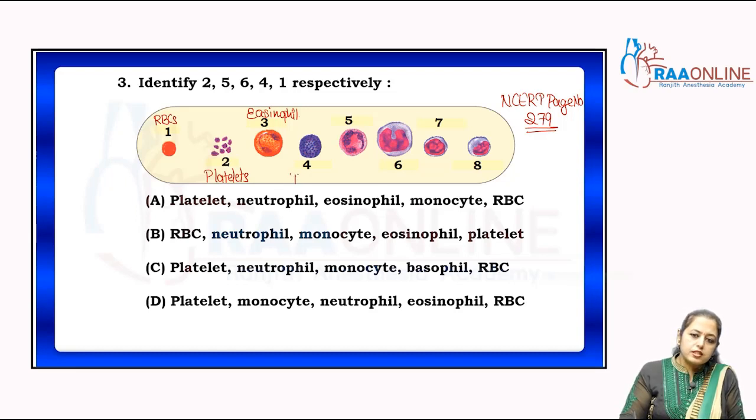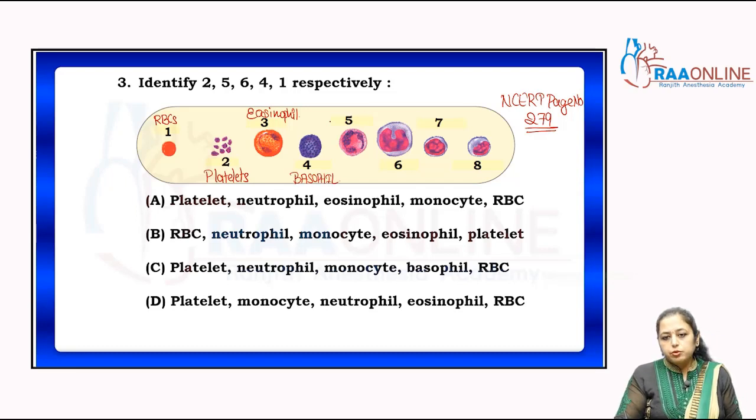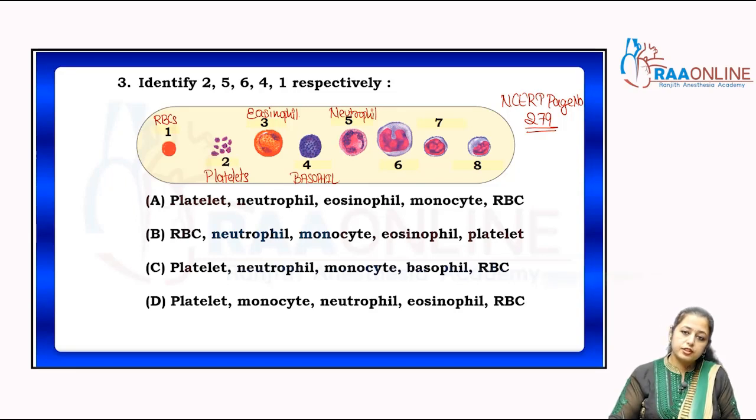That 4th one is the basophil, right. Come to here, you can see 1, 2, 3, 4, that is 3 to 5 lobed nucleus, that means it is the neutrophil.